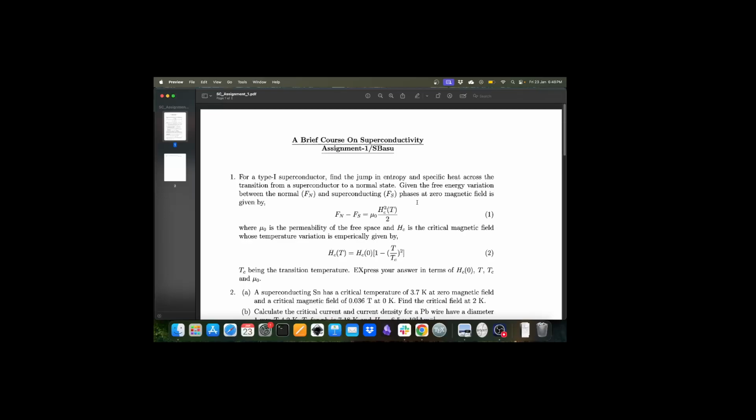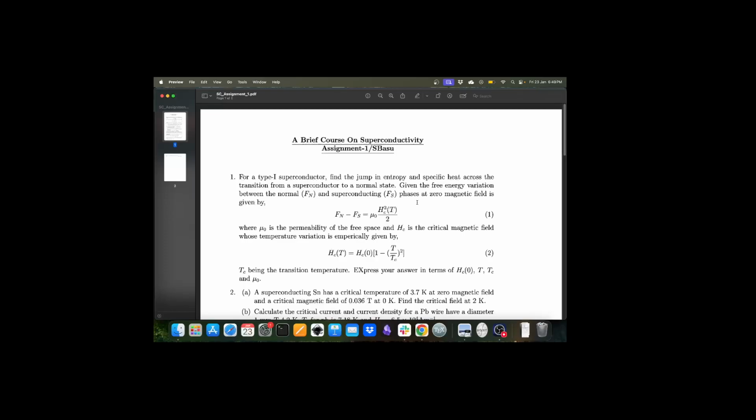This means that it can withstand the superconducting property up to a certain magnetic field, even at a fixed temperature. So even if T is less than Tc, and you keep increasing the applied magnetic field in the superconducting material, after a certain value of magnetic field you just lose the superconducting state.